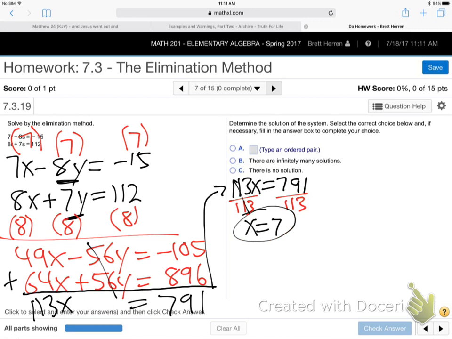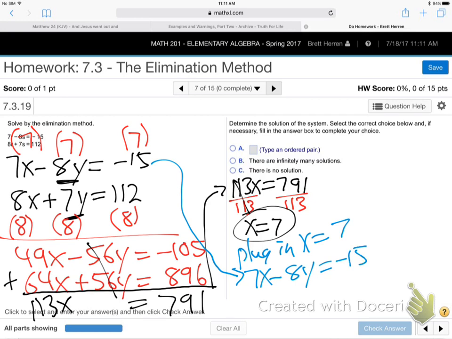Something good's happening here. All right, so we have X. Now plug it in for Y, right? Plug in X is 7. Where do you plug in? Anywhere you want. I'm just going to grab the first equation. 7x minus 8y is minus 15.